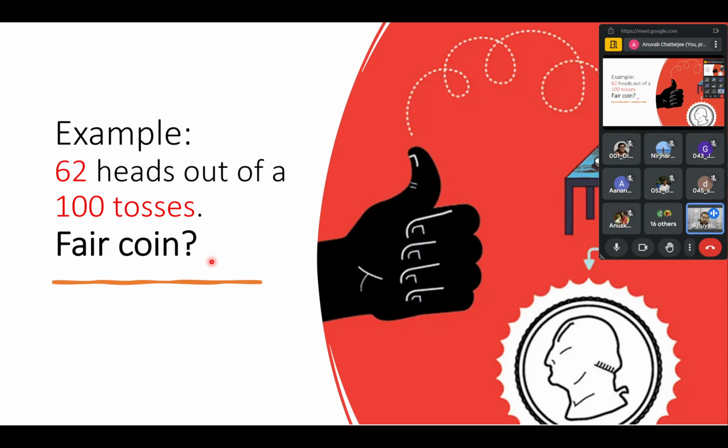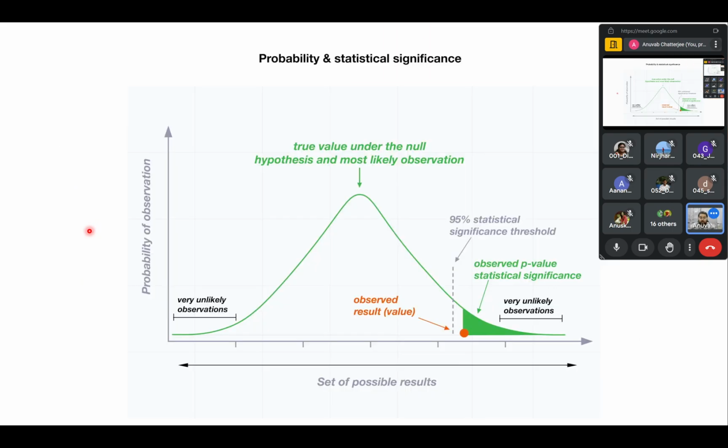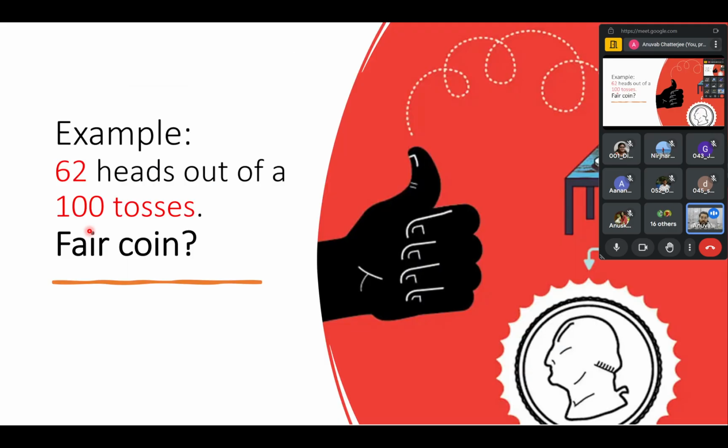So here is our question. If you have 62 heads out of 100 tosses, is the coin fair or not? So this is our question that we want to prove. So can anyone tell me what the null hypothesis in this case would be?